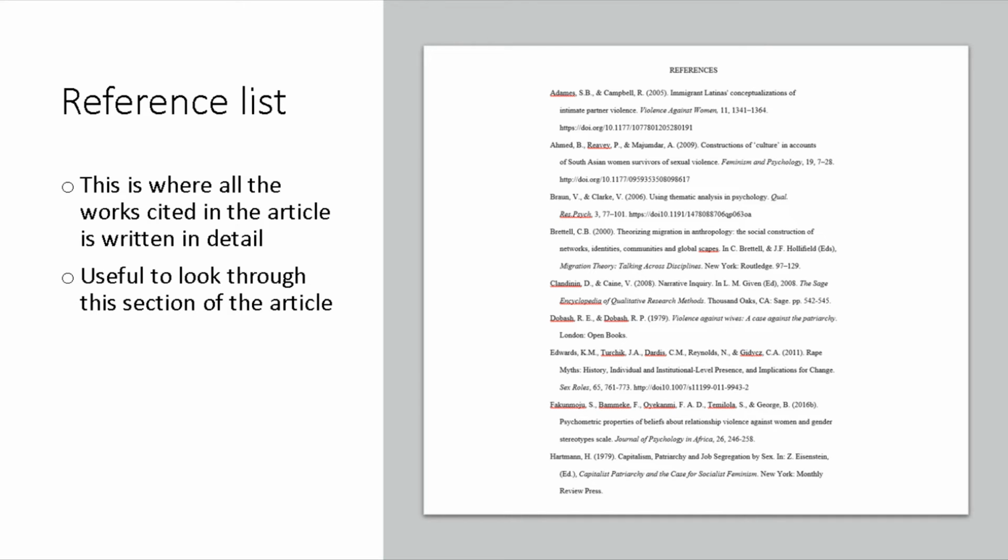The reference list. Most times, students tend to ignore this section of the article. This is where all the works cited in the article is written in detail. I would suggest that when reading an article, make a note of the interesting references that the author or authors cited in their discussion and check out the reference list for full details of that work.